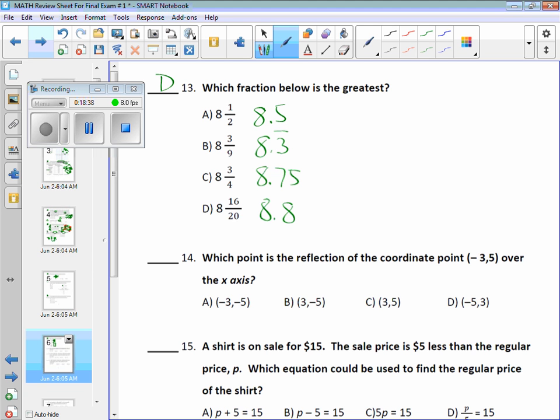With number 14, it helps to make a little mini coordinate plane. And I'm going to take my -3, +5, and say, oh, well, -3, +5 would be about there. So you get kind of like a little visual reference of what I got to do. And then you got to know your x and y. Reflect over the x. So I got to come this way.